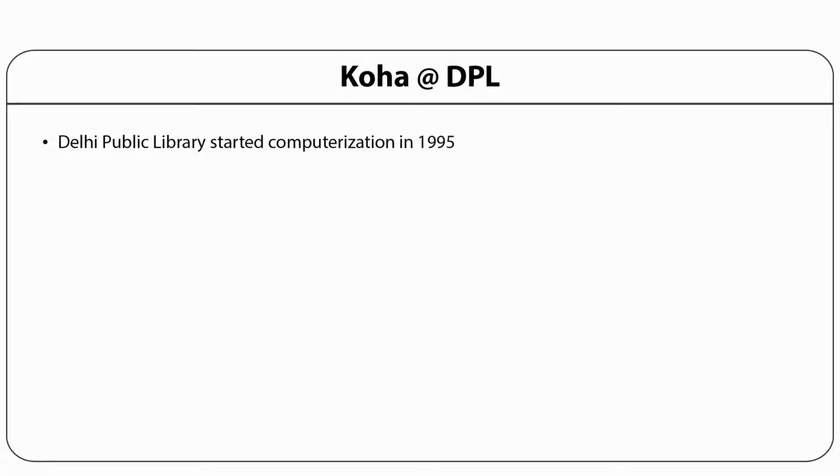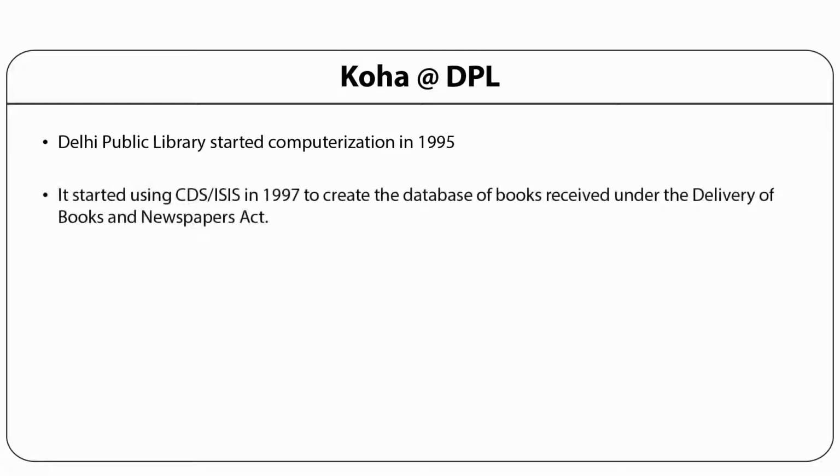Delhi Public Library started computerization in the year 1995, and in the year 1997 it started using CDS-ISIS to create the database of books received under the Delivery of Books and Newspaper Act.